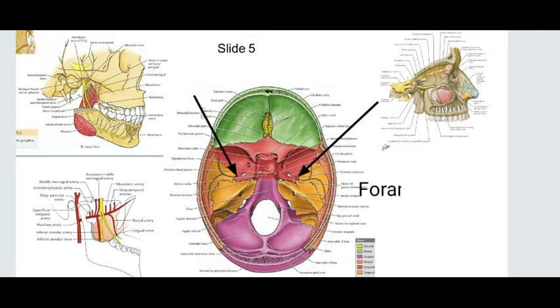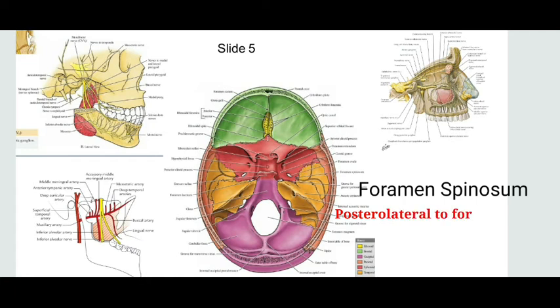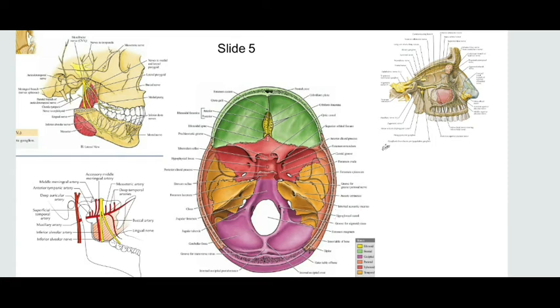The foramen spinosum lies posterolateral to the foramen ovale. And it also leads inferiorly to the infratemporal fossa.